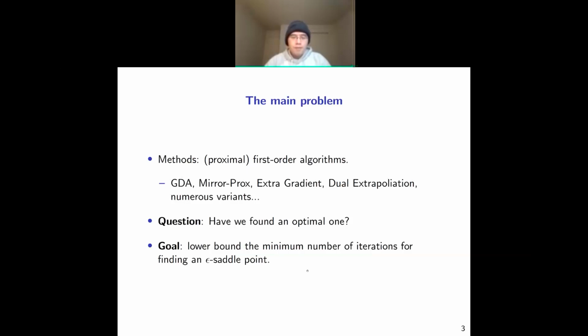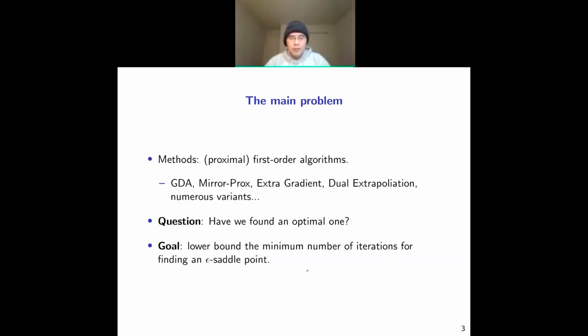These methods give you a bunch of different iteration complexity results under different assumptions and different parameters of the problem. So a question is, are they, or are some of them, optimal?